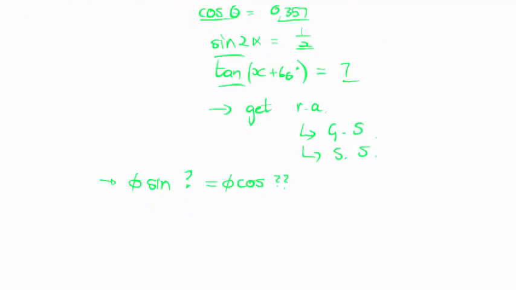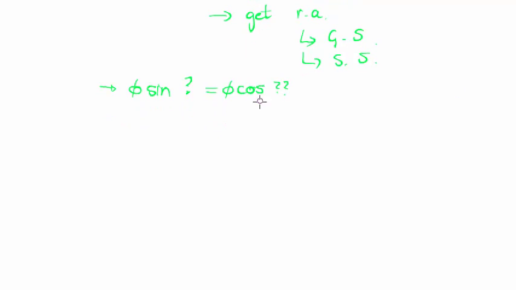If that's the case, you will change the cos into a sine. Okay, you change the cos into a sine, so this sine will just keep the same, but this cos you'll change into a sine, keeping nothing in front, by just adding a 90 degrees inside.